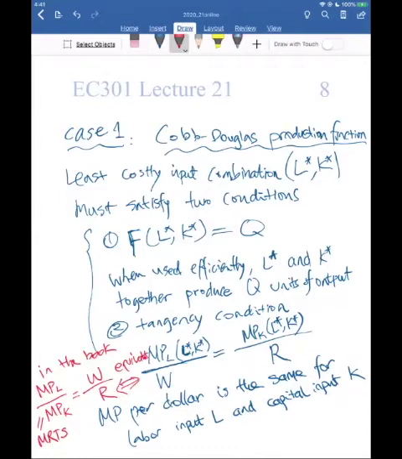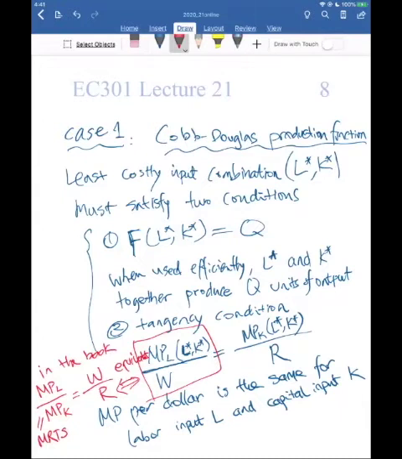The reasoning is the same as in the utility maximization problem. When you spend $1, you always think about how much more utility that dollar can generate. So if you spend an additional dollar on labor, what can you get in terms of the total output?